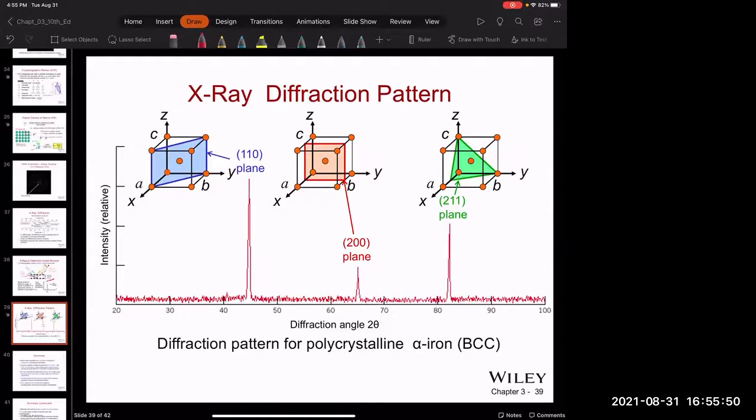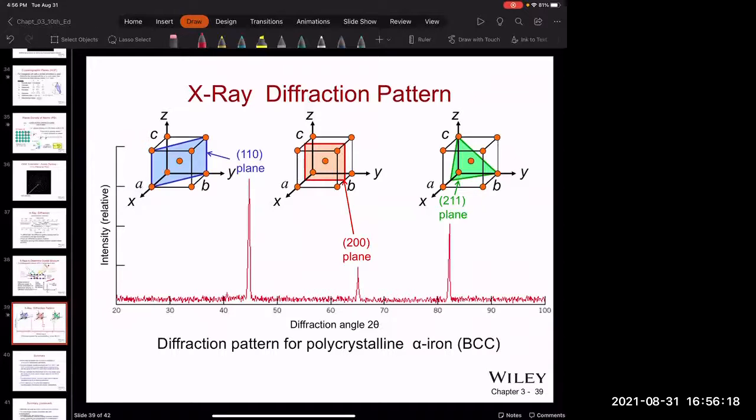If this is alpha iron, then when you use the X-ray, it gives you this kind of result: the red peaks that you see. Each one of the peaks represents a plane. It will pick up some signal, and that will tell you what kind of structure that is, and we will be able to find out what kind of element it is.